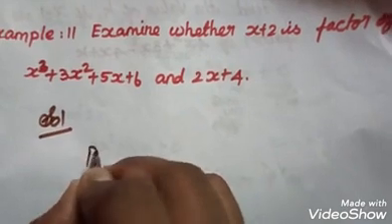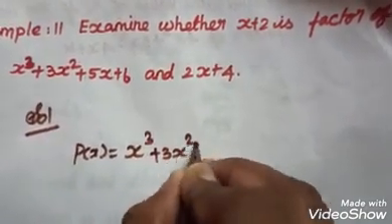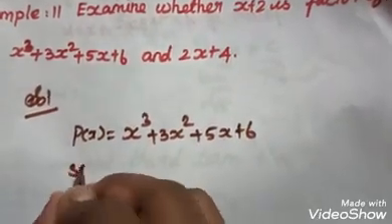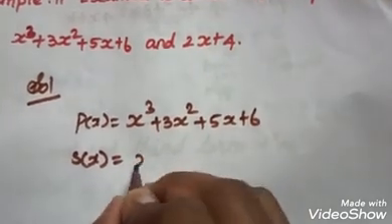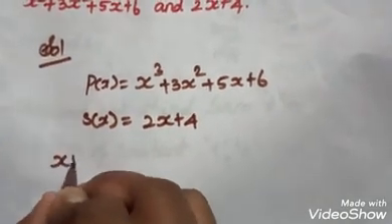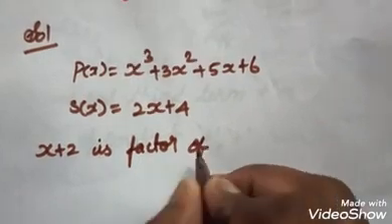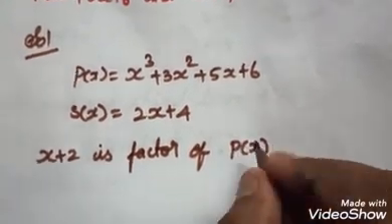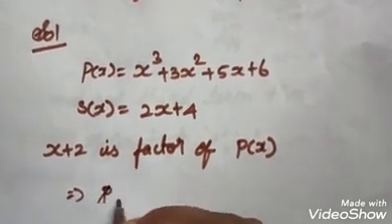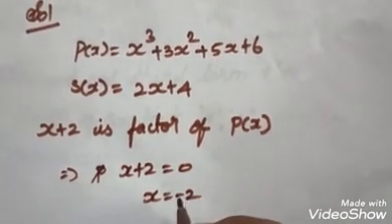So first I take p of x which is equal to x cube plus 3x square plus 5x plus 6, and another expression s of x which is equal to 2x plus 4. First I take x plus 2 is a factor of p of x, which implies x plus 2 is equal to 0, x equal to minus 2.